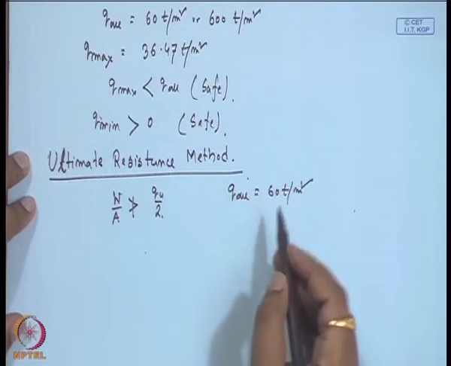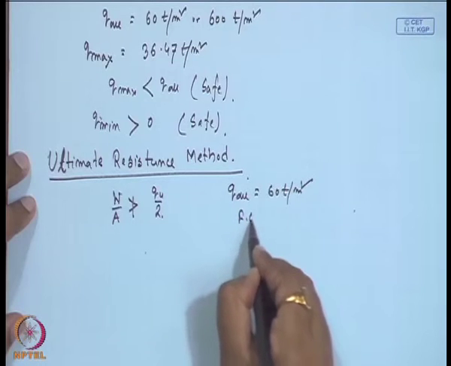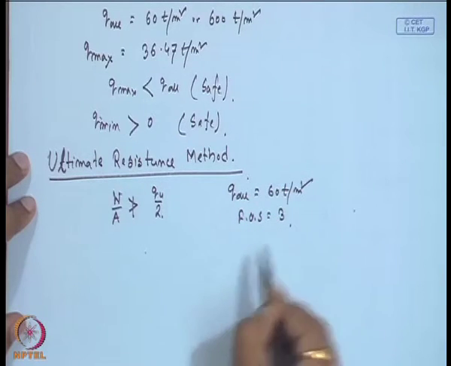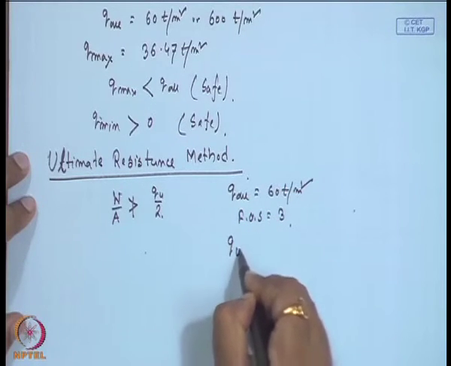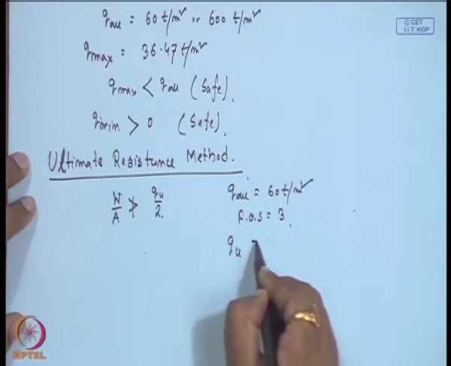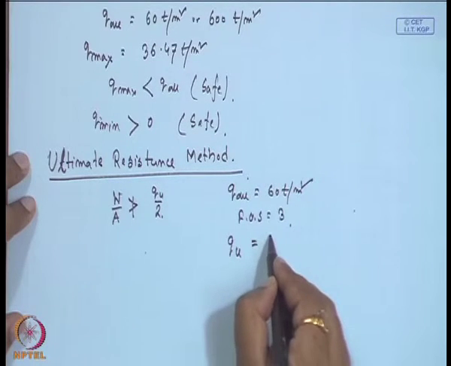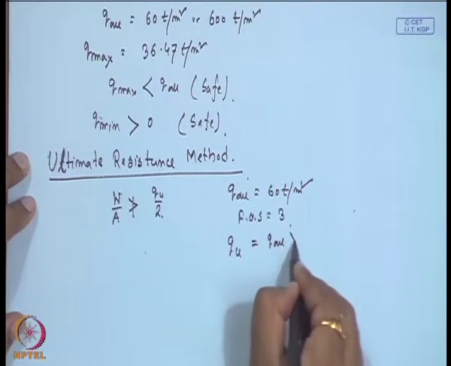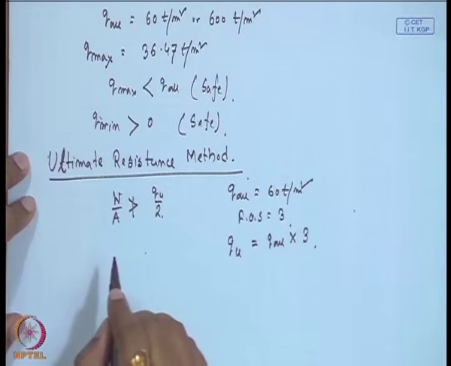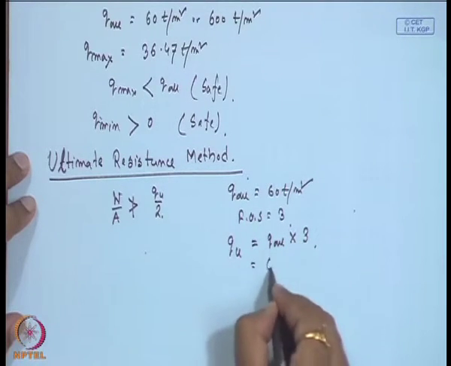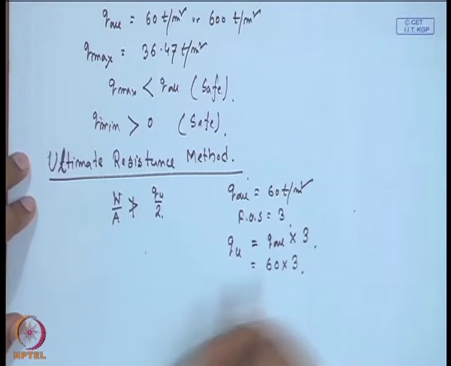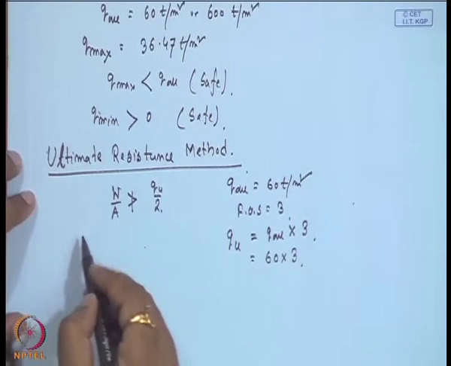If we consider a factor of safety of 3, then Q ultimate will be equal to Q allowable into 3. So, we can consider this as 60 into 3.